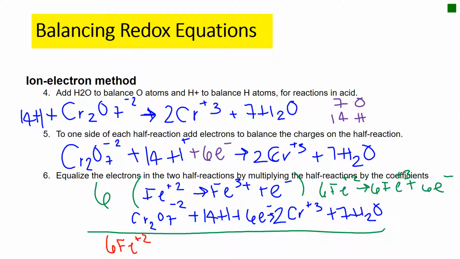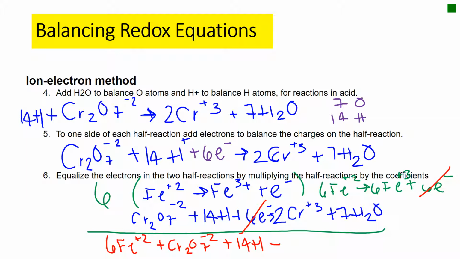Then Cr2O7, we have it on the left but not on the right, so it doesn't cancel out, so you add it. Then you have 14 hydrogens on the left but not on the right, so it goes at the bottom. Then you do have 6 electrons, so those cancel each other out and those don't go at the bottom.